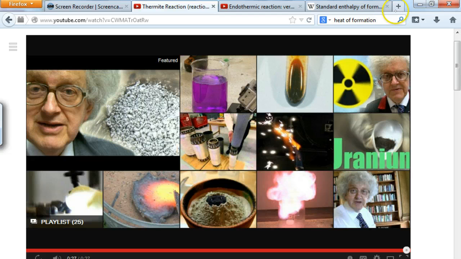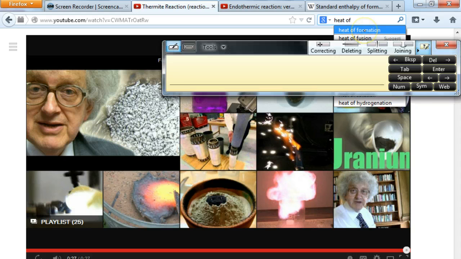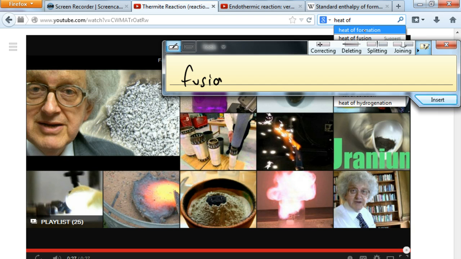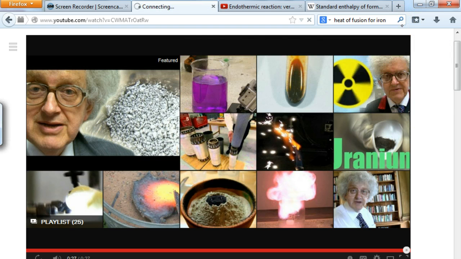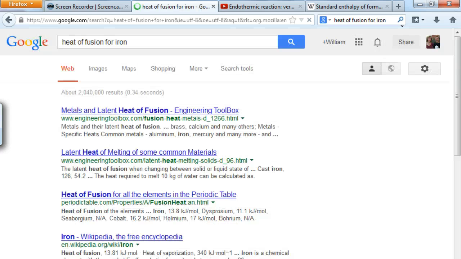We're just going to go and look up the heat of fusion for iron. Let's see what we get. Latent heat of fusion.